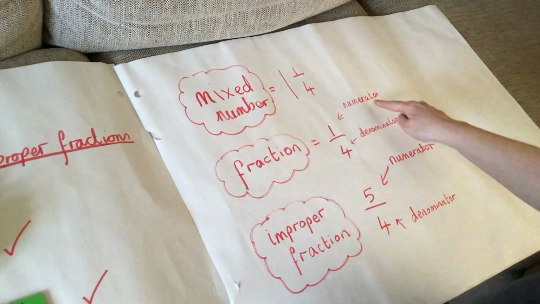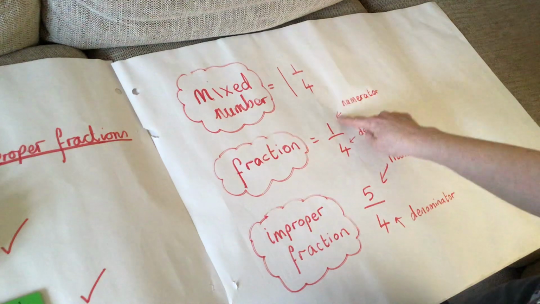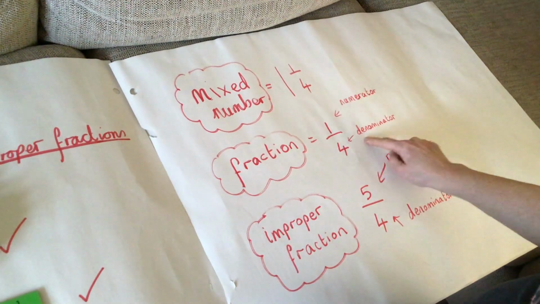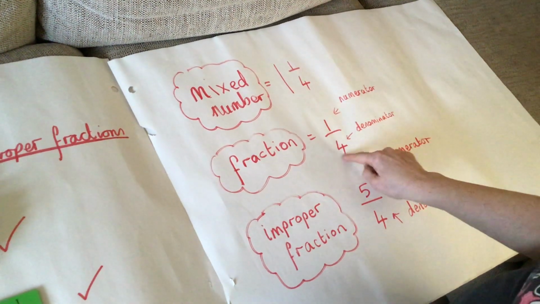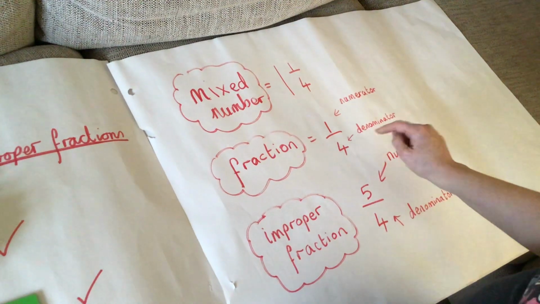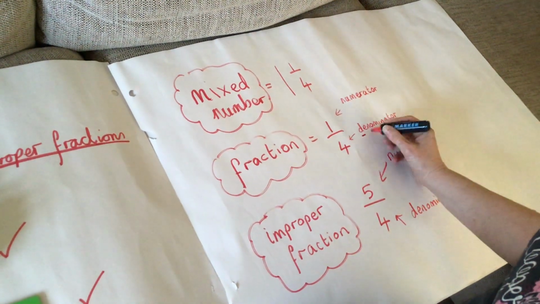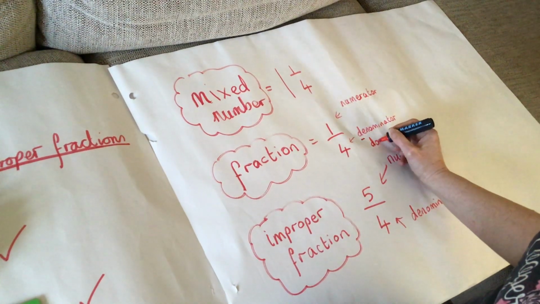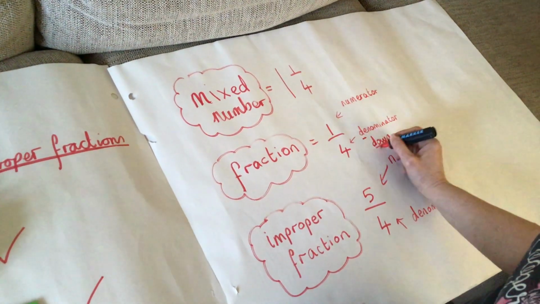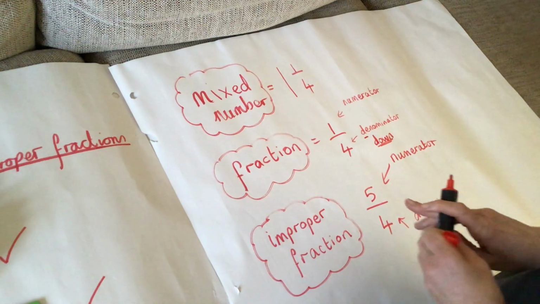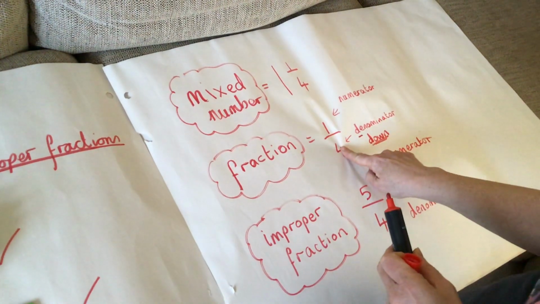We have 2 parts to the fraction. We have a numerator, which is the one on the top, and the denominator, which is the one on the bottom. I always remember denominator because it starts with a D for meaning the same as down, the one that is at the downstairs of the fraction, down, denominator.